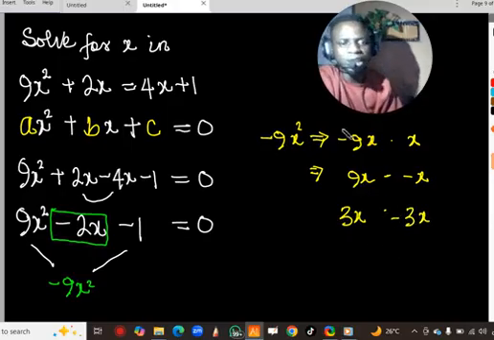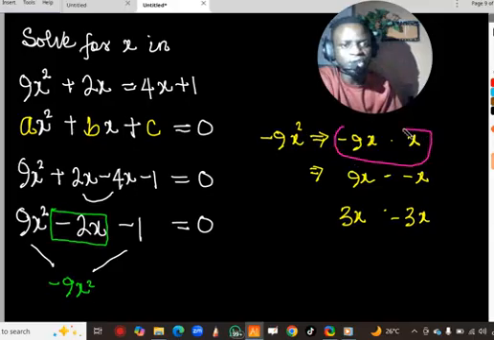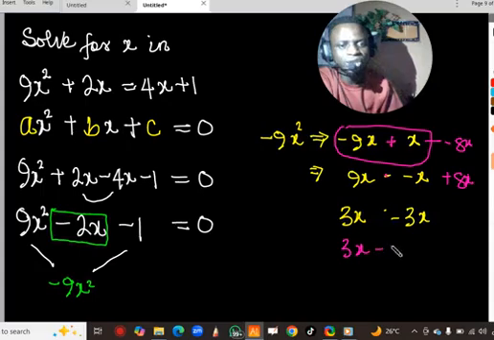Now let's look at each of these. Does any of these sum up to the middle term? Let's find out. Negative 9x plus x will give us negative 8x. Then 9x minus x gives us plus 8x. And of course 3x minus 3x will give us 0.